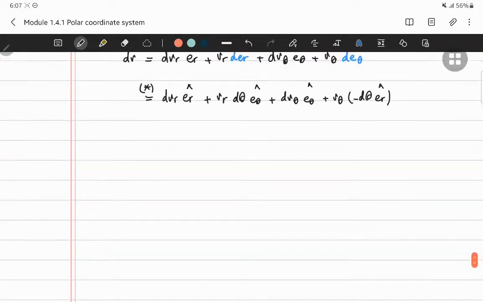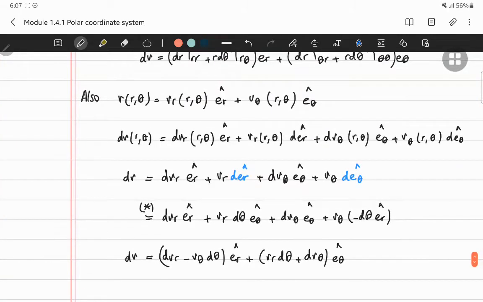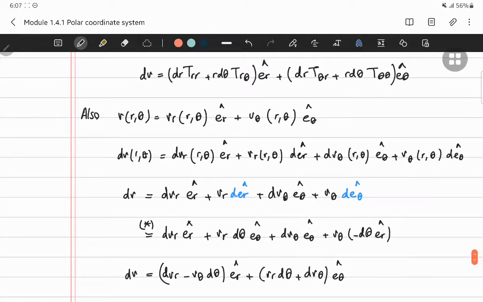Perfect. Now I rearrange everything. dv_r e_r minus v_theta d theta e_r plus v_r d theta plus dv_theta e_theta. Perfect. This is dv. So I have one dv from here, I have one dv from here.